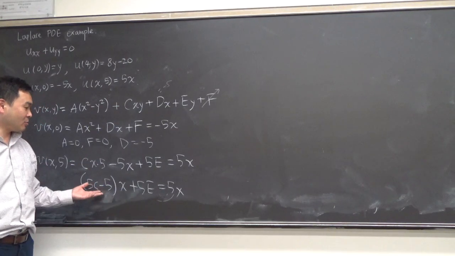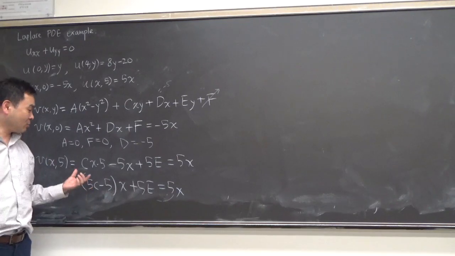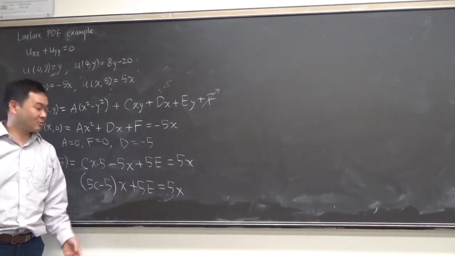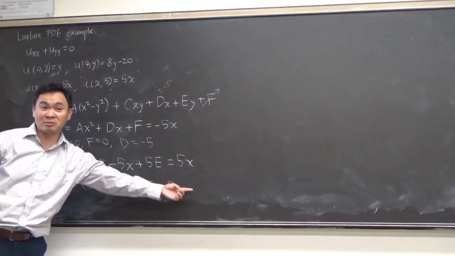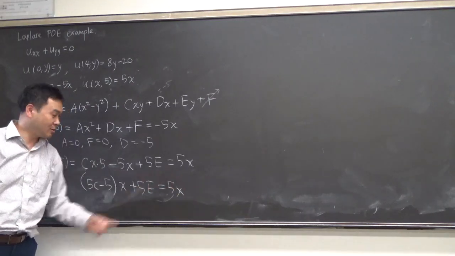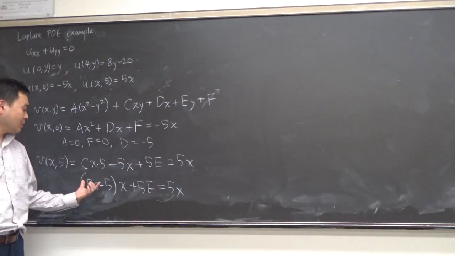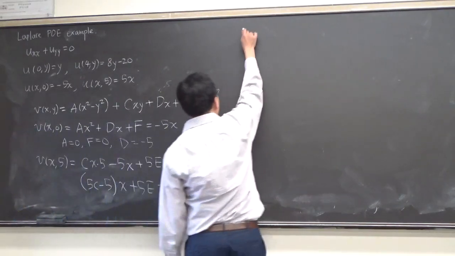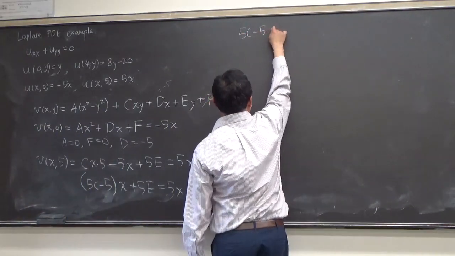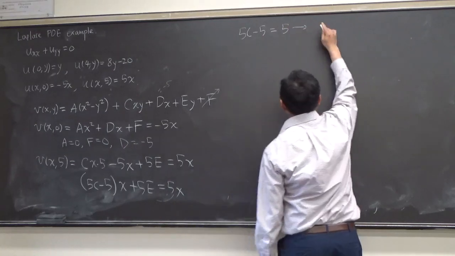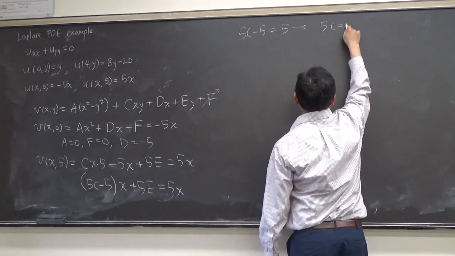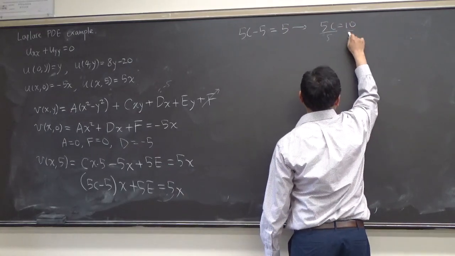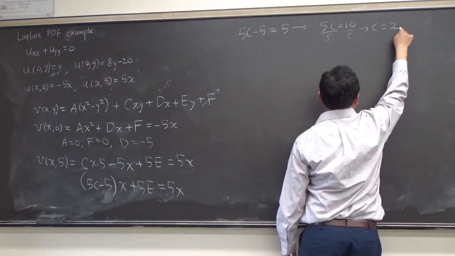That means if you have two lines that are always equal, they have to have the same slope and same y-intercept. So 5e should be, there's no y-intercept here, so it should be 0, right? 5e should be 0, and then 5c minus 5 should be 5. Let's see what that means. 5c minus 5 should be 5. So that 5c is equal to 10, divide by 5, you get c equals 2.